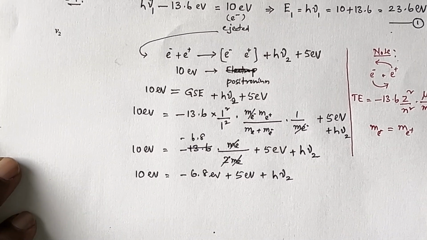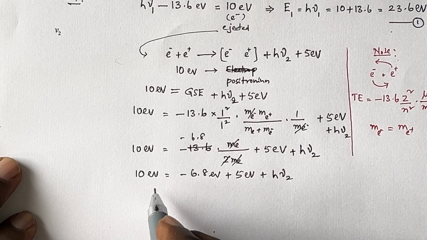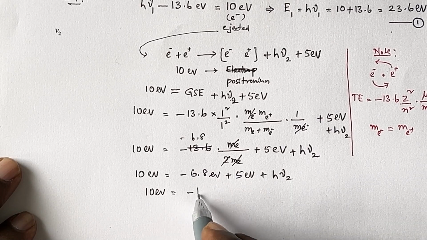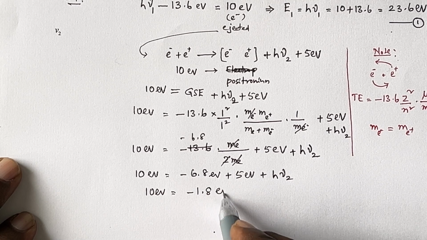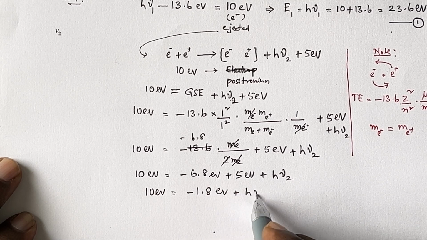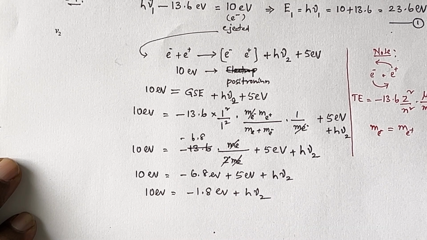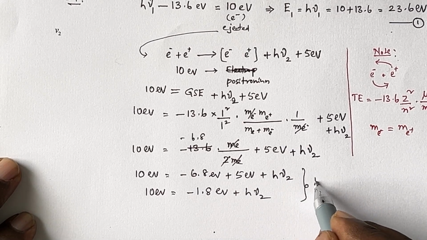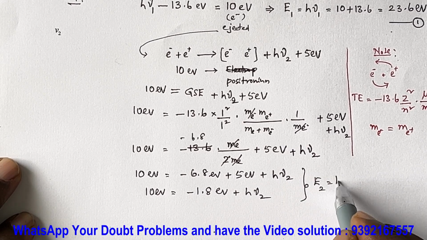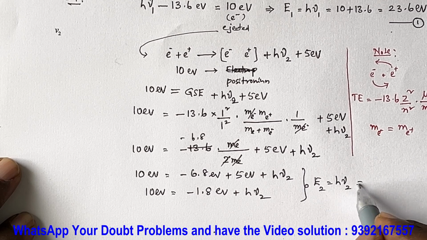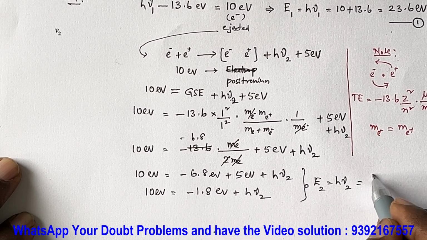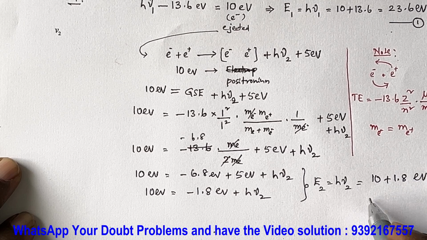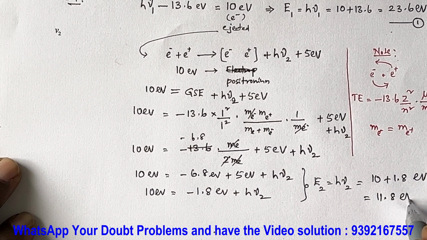So 10 electron volt is equal to minus 1.8 electron volt plus h nu2. From this, the energy of the photon emitted, h nu2, is 10 plus 1.8, that is 11.8 electron volt.